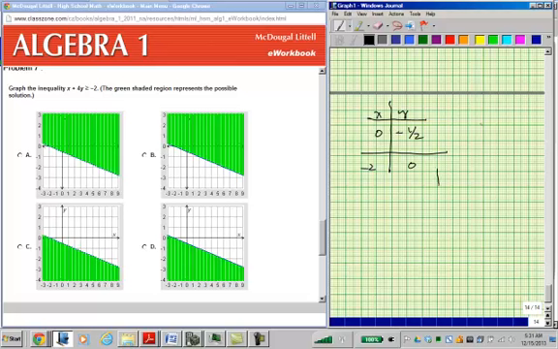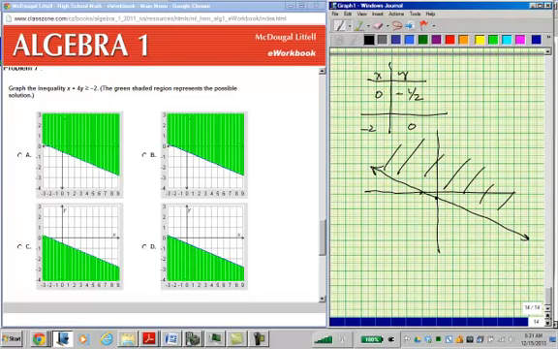So we can graph x is 0, y is negative 1/2. And when y is 0, x is negative 2. Okay, and this looks pretty much like the graph, and it's a solid line, like that. Okay, and we already determined that 0, 0 is part of the solution, and so it's shaded up, just like in B, with a solid line.